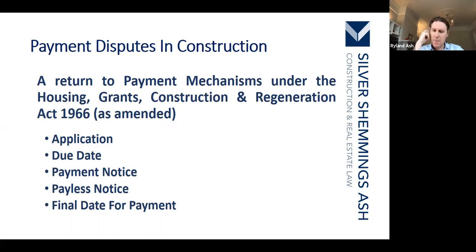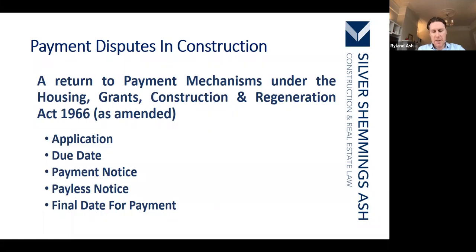I believe that there is authority. I've seen adjudication decisions in favour of that, saying that, well, as long as it's no later, that's what the statute says, so you can issue it no later than 5 days after the due date. But you have to, as we'll see later in the case law, specify that it is the value of the work up to the due date. That's the important part. And if you don't, then you risk it being an invalid notice.